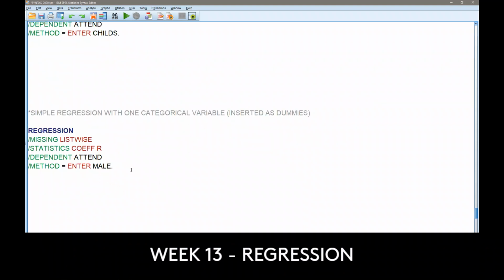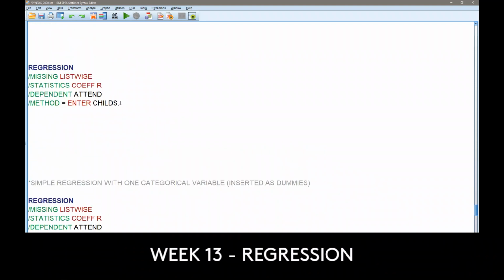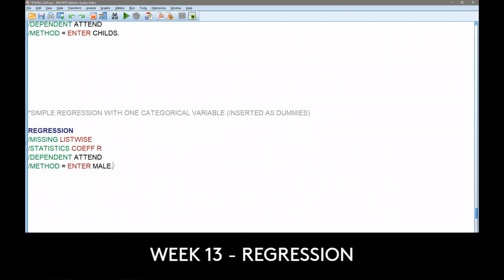Now we are going to move on to using simple regression with categorical measures. Okay, so the previous ones we were using continuous predictors, right? Now we're going to use categorical predictors. The first example I'm going to use is just a simple binary categorical measure of sex. So early on in class, we recoded sex into a dummy variable.